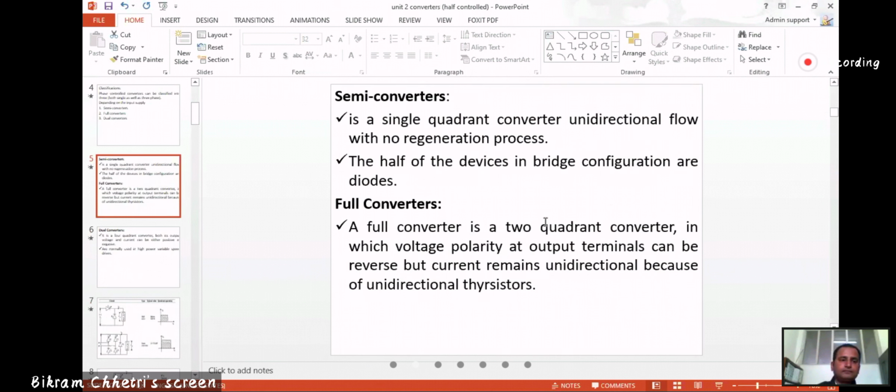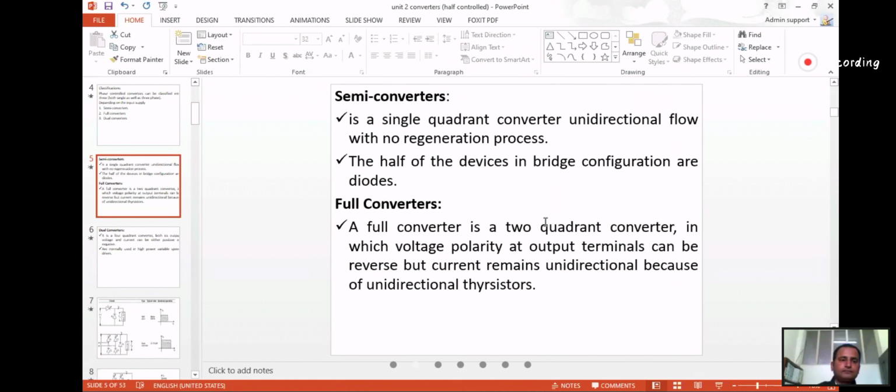So just remember, in these semi-converters it's unidirectional flow, and in the full converter it's a two quadrant converter where the voltage polarity at the output terminals can be reversed, but current remains unidirectional.